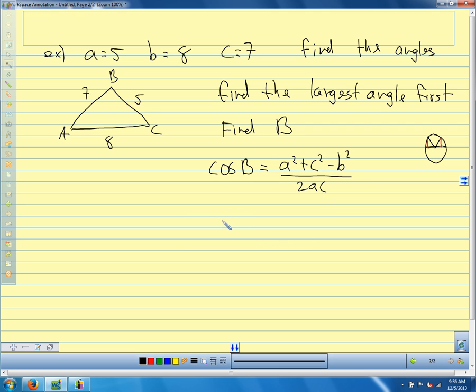So when I plug in my numbers, cosine of b is 5 squared plus 7 squared minus 8 squared over 2 times 5 times 7. And b is going to be the inverse cosine of this quantity. When I calculate that out, I get the inverse cosine of 0.143.